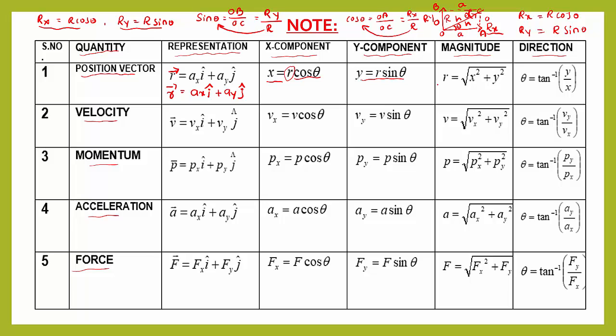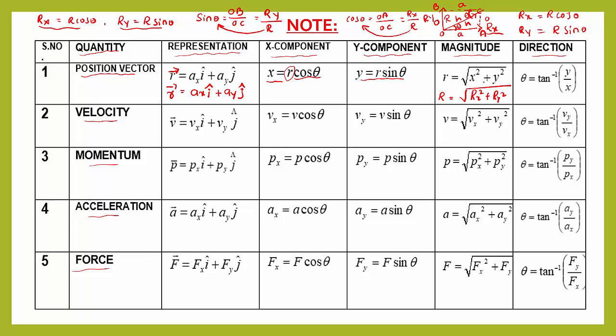Then the magnitude is given by r equal to square root of x square plus y square. We already derived magnitude in the previous class. In general we can write r equal to square root of rx square plus ry square. This equation we already derived.